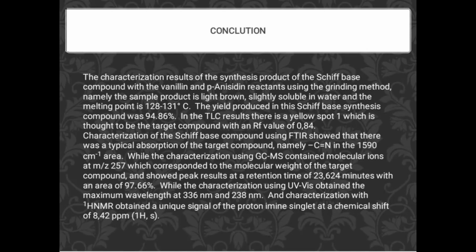The characterization using UV obtained maximum wavelengths of 336 nanometers and 238 nanometers, and the characterization with HNMR obtained a unique signal of the imine proton singlet at a chemical shift of 8.42 ppm 1H.